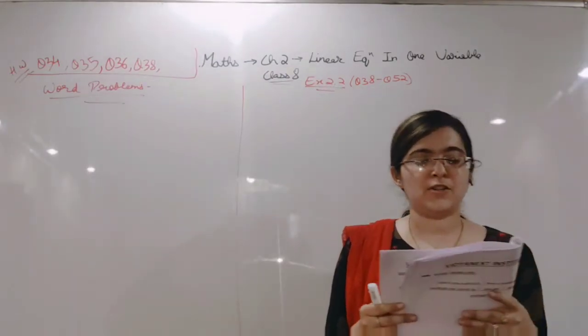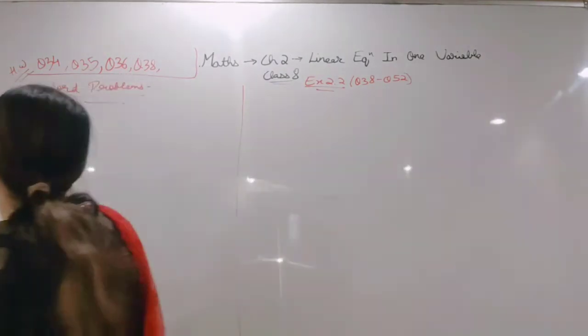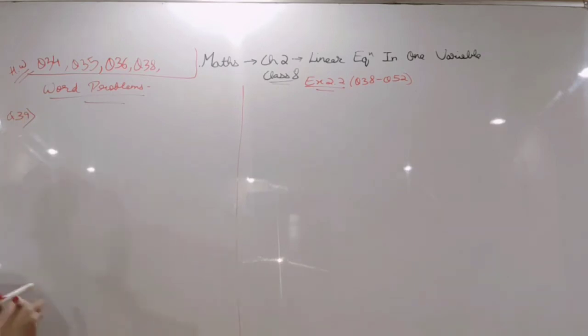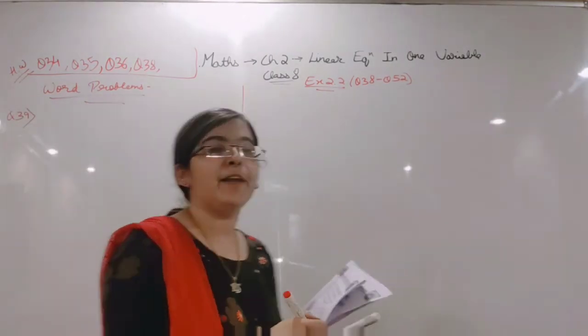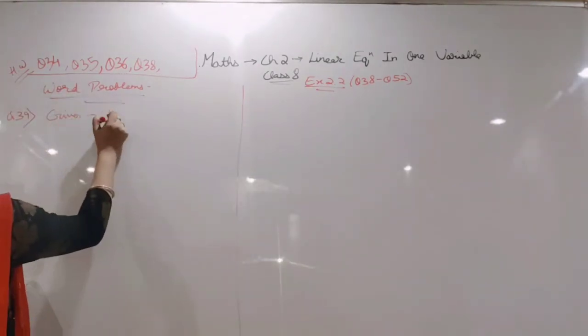Now students, open question number 39. Read question 39, what it is. The perimeter of a rectangular swimming pool is 154 meter. Okay, first write it down. What is given?